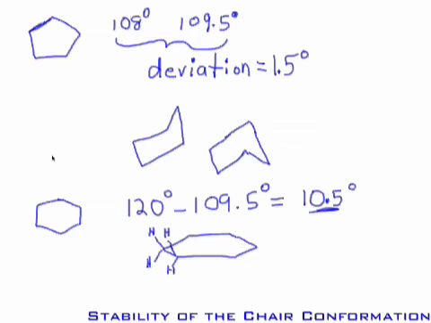It turns out it can get to a conformation, a shape, that totally reduces and removes the angle strain and totally minimizes the torsional strain. Well, if it's not flat, what does it look like? Well, it looks something like this.